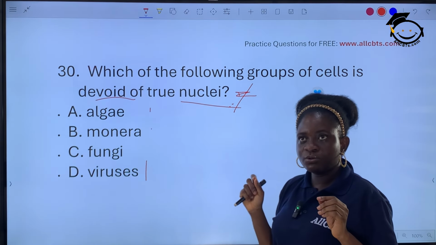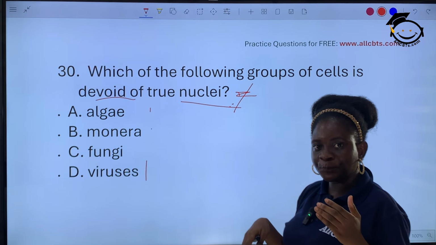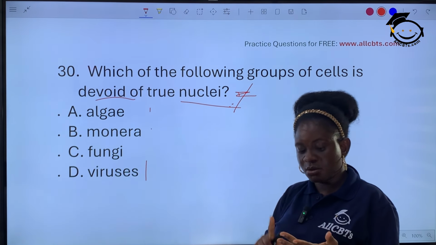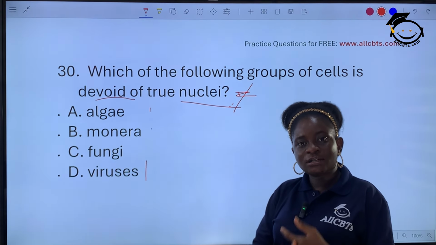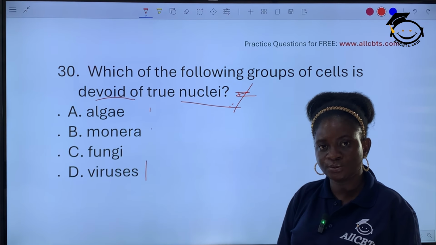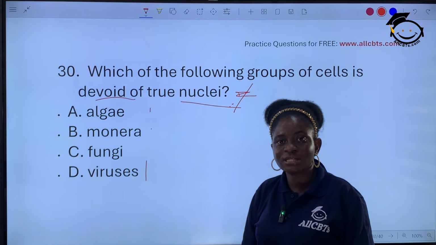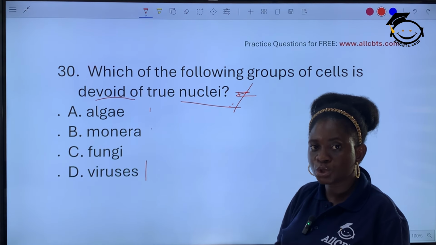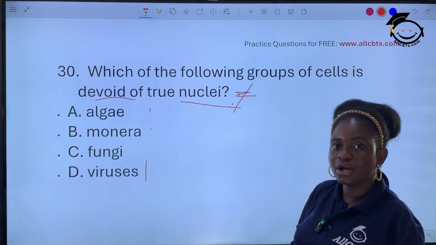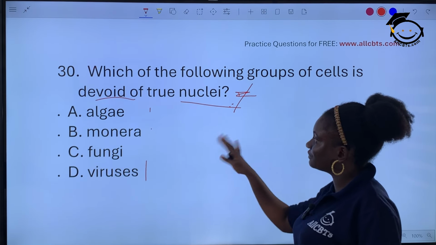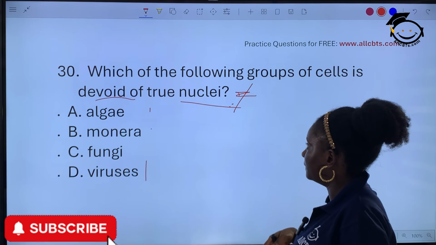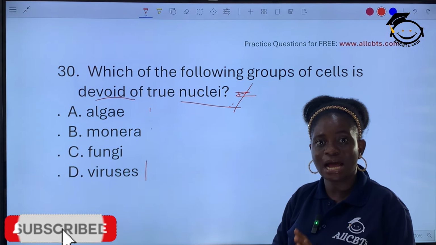We have the eukaryotes and the prokaryotes. The eukaryotic organisms have a true nucleus, while prokaryotes don't have a true nucleus. An example of prokaryotes is bacteria. So let's see which of these does not have a true nucleus. That means they are prokaryotes.